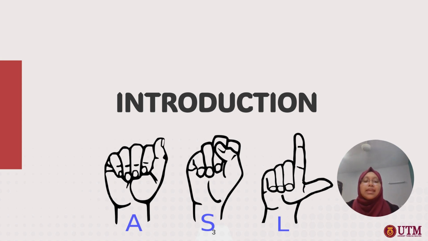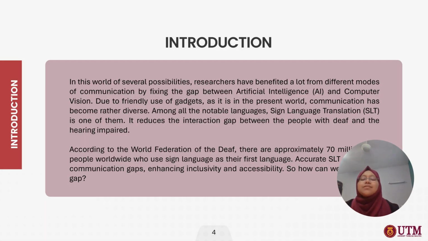So, introduction to ASL, which is American Sign Language. In this world of several possibilities, researchers have benefited a lot from different modes of communication by fixing the gap between AI and computer vision. Due to recent friendly use of gadgets in the present world, communication has become very diverse. And among all the notable languages, sign language translation is one of them.